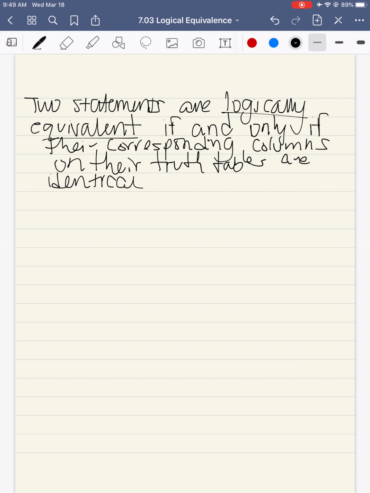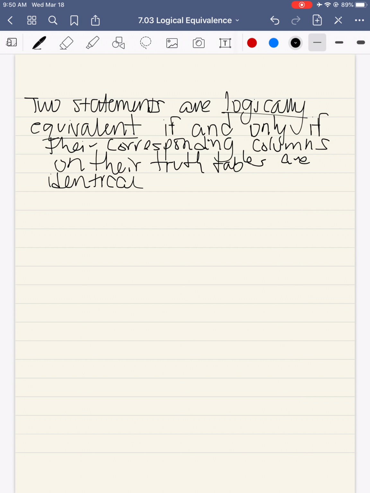So meaning that if they have the same exact column, so if it goes true, true, false, false, and true, true, false, false, those match completely, so that's going to be logically equivalent.